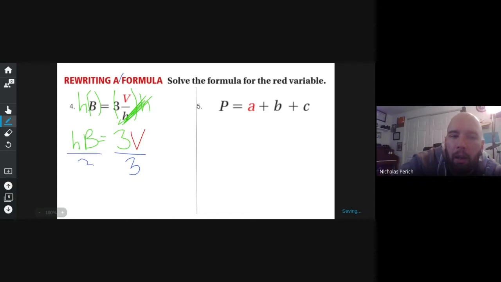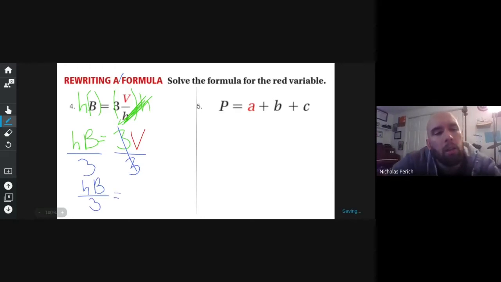Divide both sides by 3. And what I have is HB over 3 equals V. And now V is all by itself.